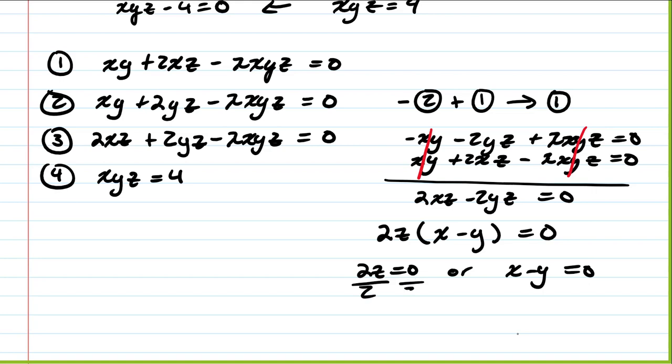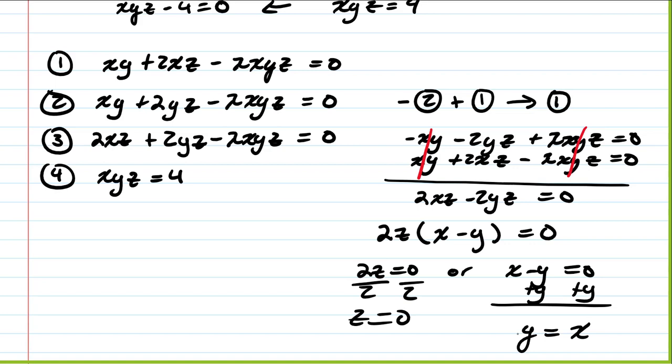We solve this one and get z equals 0, which we can't have because x, y, and z have to be positive. Or we add y, and we get y is equal to x. So this tells us that in our solution, y and x have to be the same value.